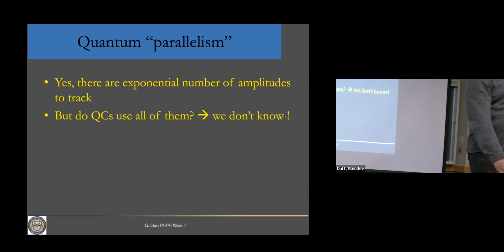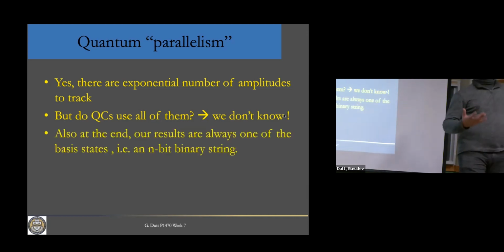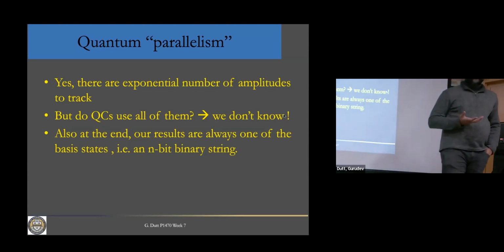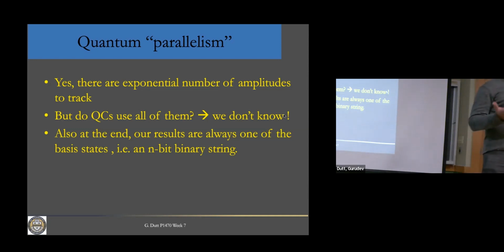It could be that in the end, there's only a polynomial number of complex numbers that it's actually tracking inside the quantum computer.